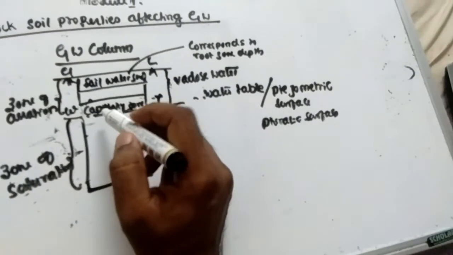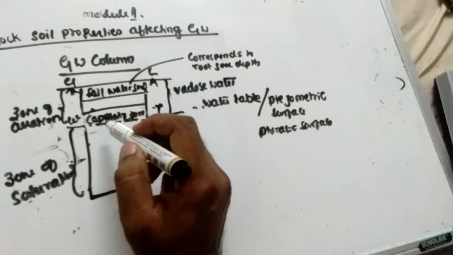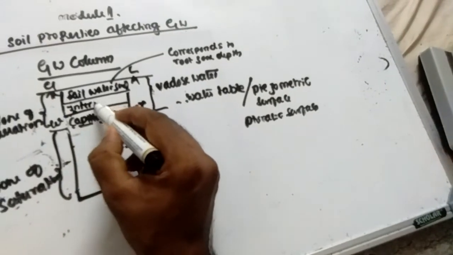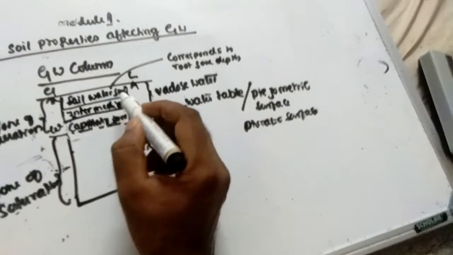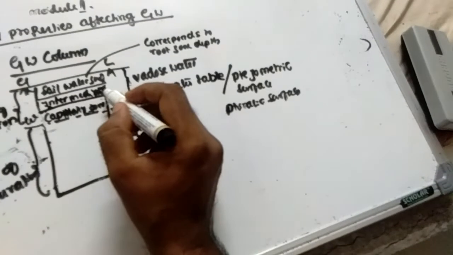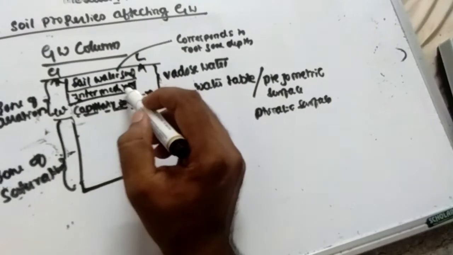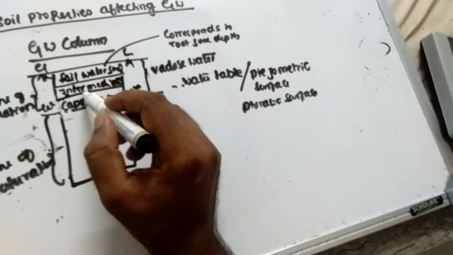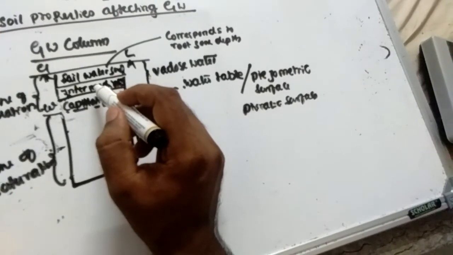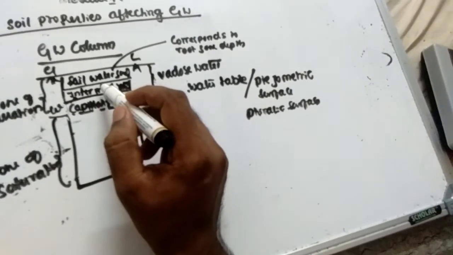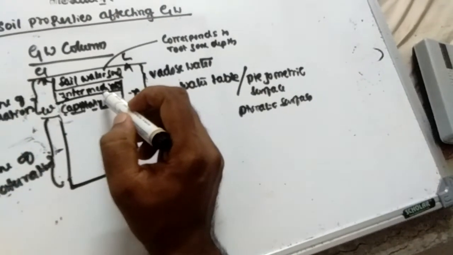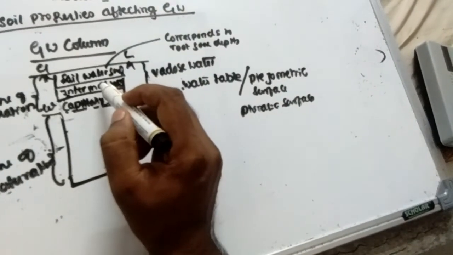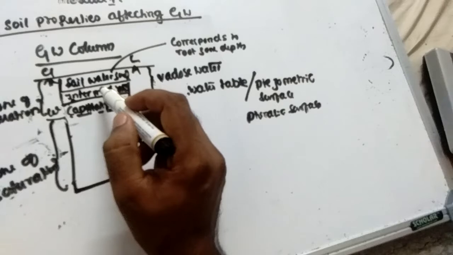In between the soil water zone and capillary zone is the intermediate water zone, which is below the soil water zone, where we find the root depth of plants, and above the capillary zone, at the top of which we find capillary rise of water.